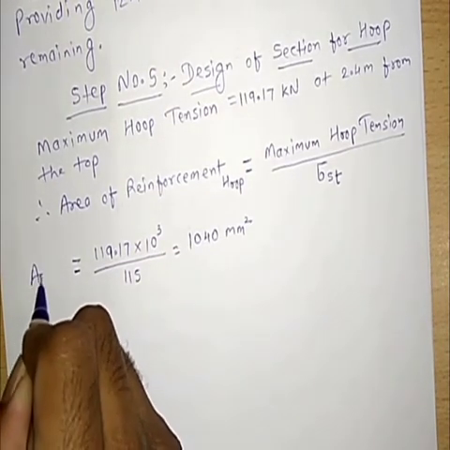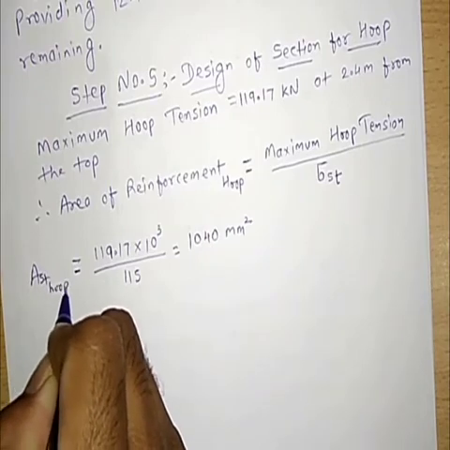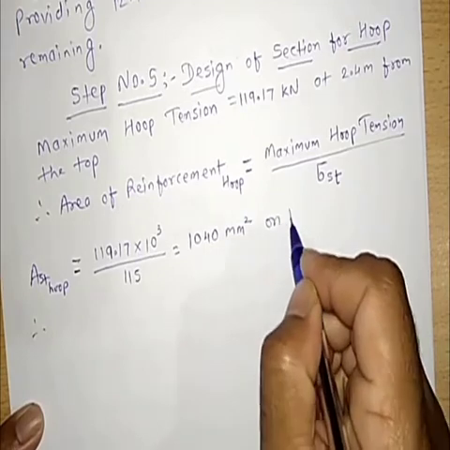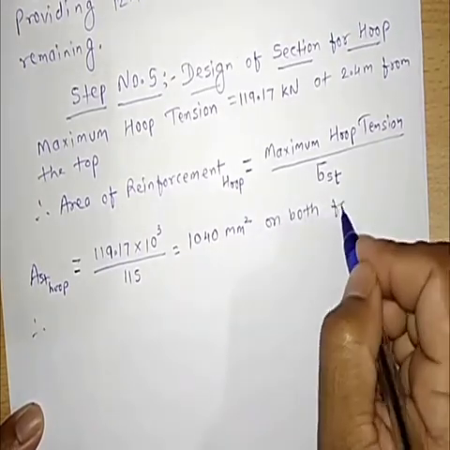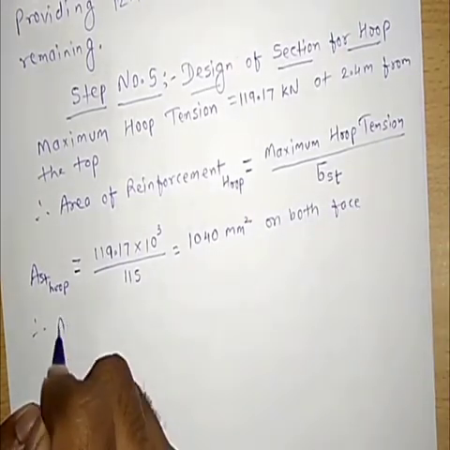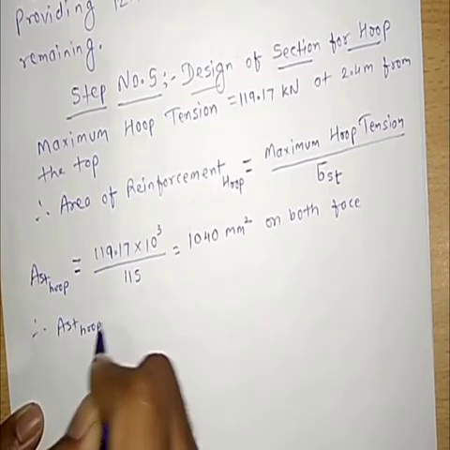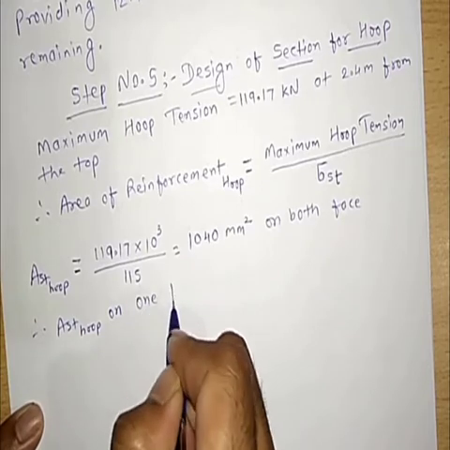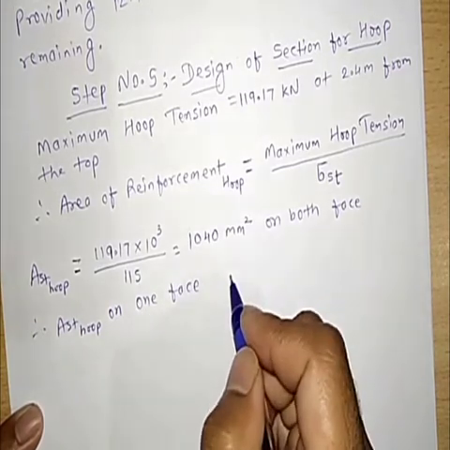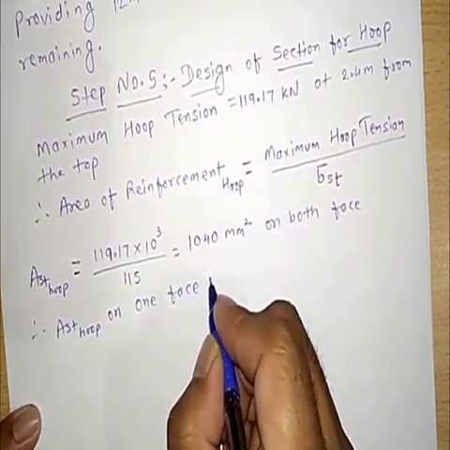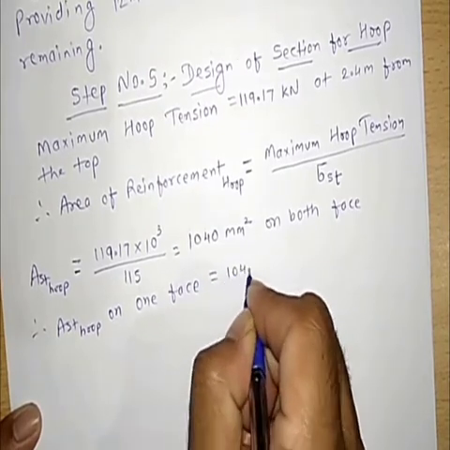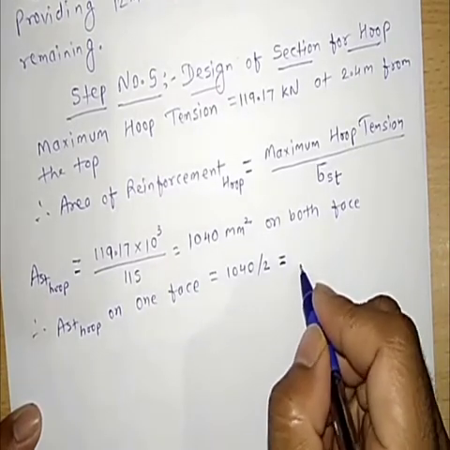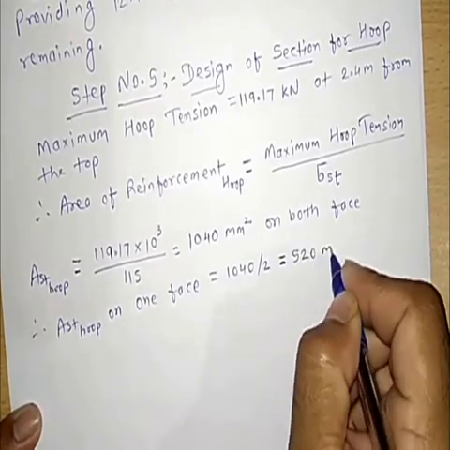You can mark it as AST hoop. So this is on both the faces. So AST hoop on one face is equals to 1040 divided by 2. So this is going to be 520 mm square.